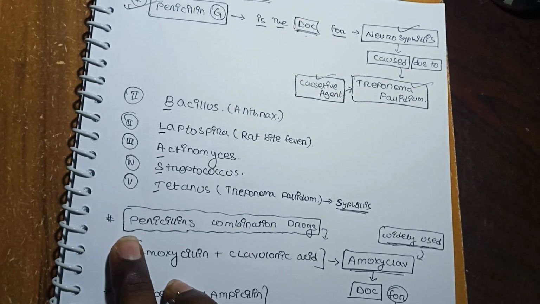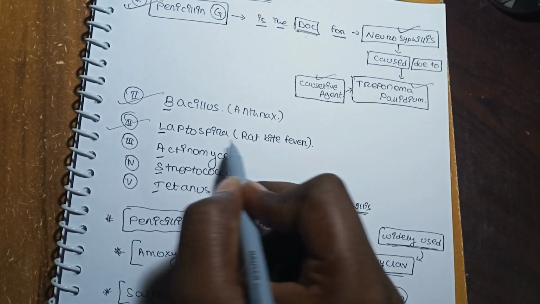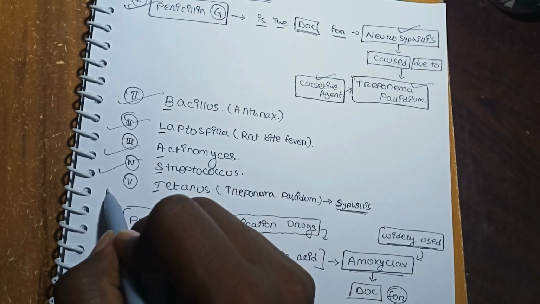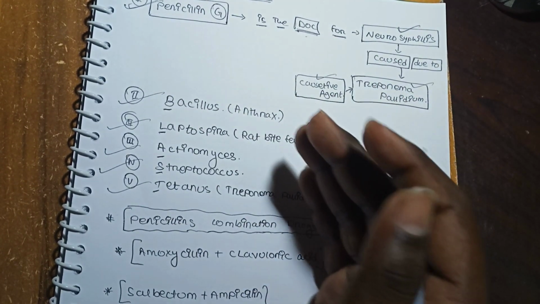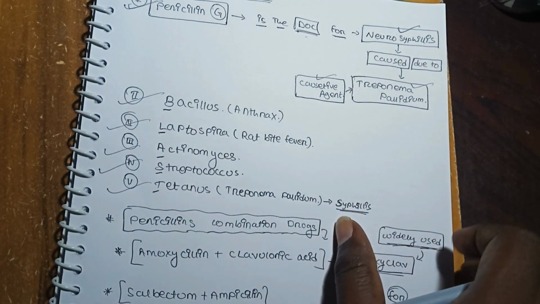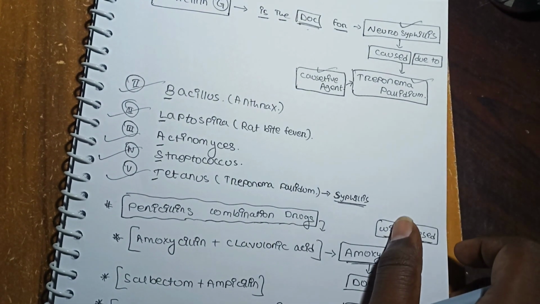Similarly, other uses are Bacillus, Leptospira, actinomyces, Streptococcus, tetanus. Penicillin also treats these diseases and agents.